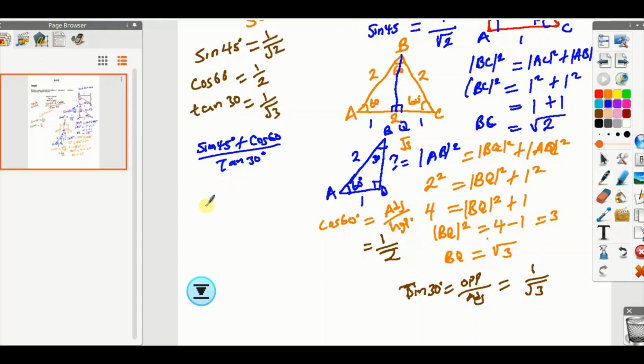So we have our sine 45 degrees as 1 over square root of 2, plus cos 60, which is 1 over 2, all over tan 30, which is 1 over square root of 3. So the question now becomes this way in trigonometric ratios.